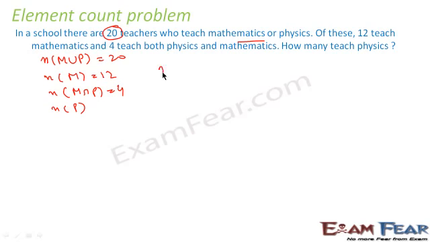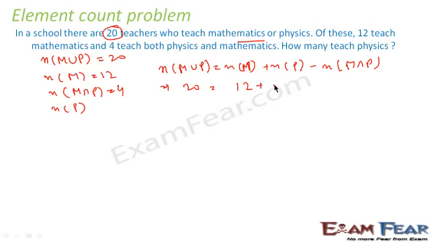The formula is n of M union P is equal to n of M plus n of P minus n of M intersection P. We get 20 is equal to 12 plus n of P minus 4, or 20 minus 12 plus 4 is equal to n of P, or n of P is equal to 12.